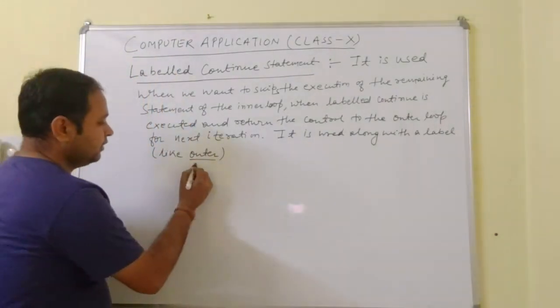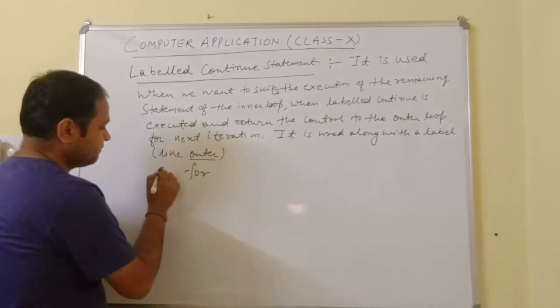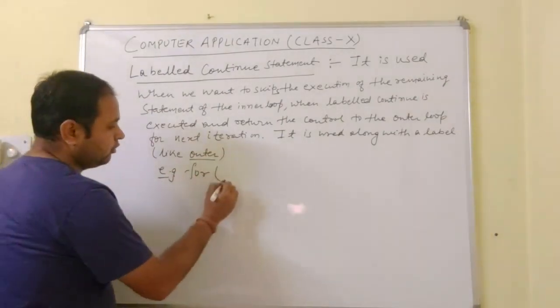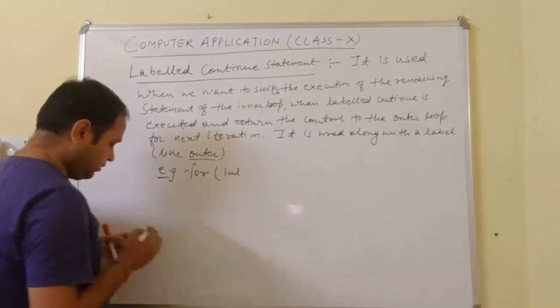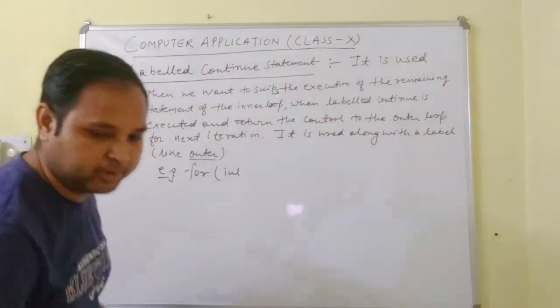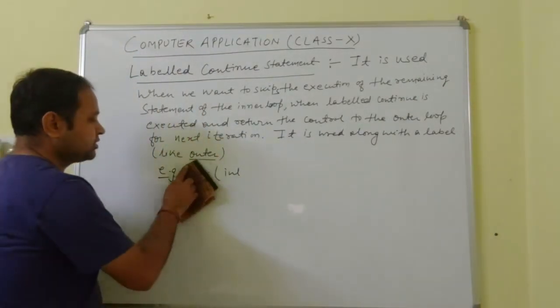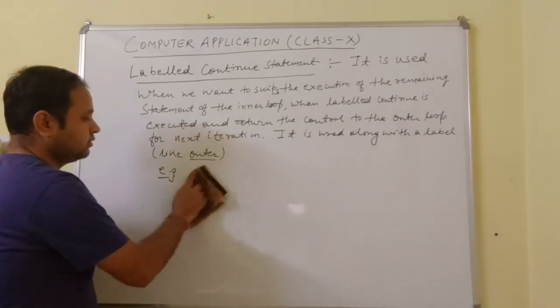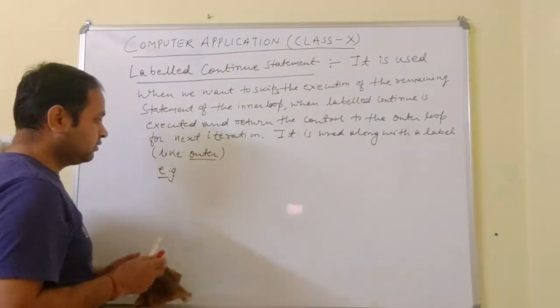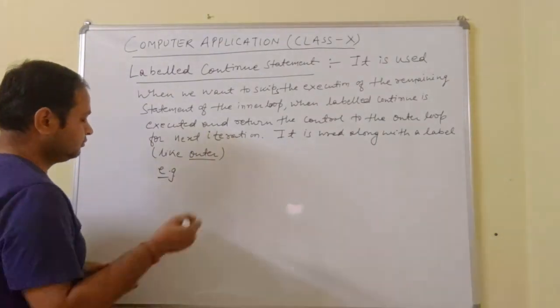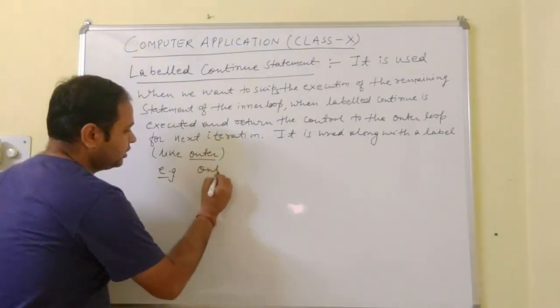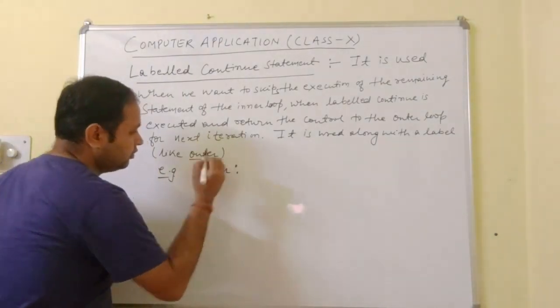For example, I take a for loop. Before writing the loop, you have to write the label, which I am just missing out. So I write here outer and put a colon over here.